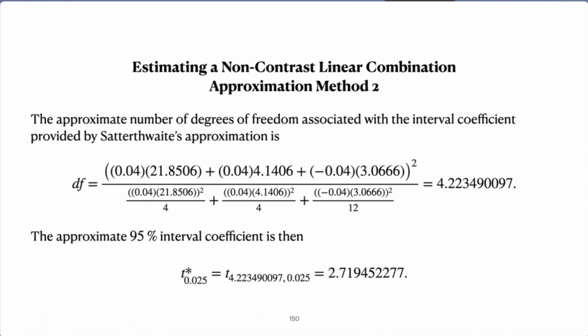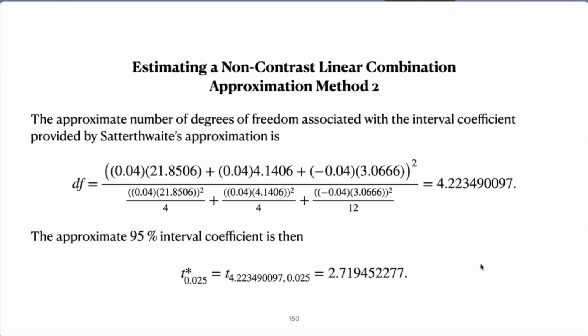Now let's look at approximation 2, which is again called Satterthwaite's approximation. With Satterthwaite's approximation, what we are doing is approximating the number of degrees of freedom associated with the true interval coefficient. And so the values for Q1, Q2, and Q3 are the same for this approximation method as they were for approximation method 1.